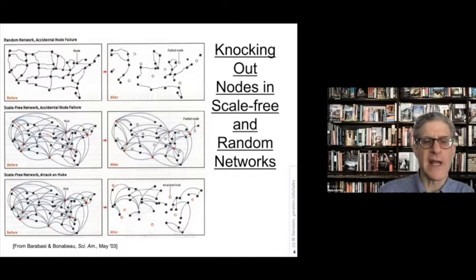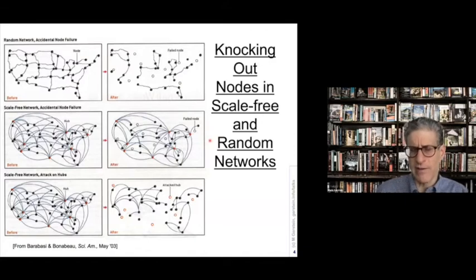Whereas if you take a look at the airline network, if you just randomly attack this network, you'll still be able pretty easily to get across the United States. That's because only a few nodes, which are improbable to be attacked because there are only a few of them, are really dictating the structure of the network. So the scale-free network is very robust to accidental node failure.